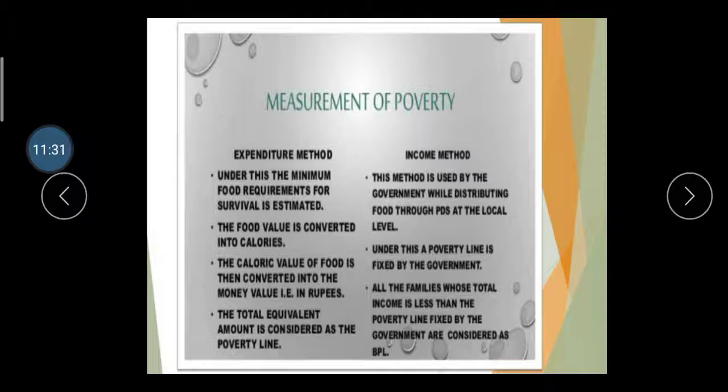This conversion considers that people living in the village require 21 rupees per day, and a person living in the city requires 51 rupees per day for their basic needs. Then the total equivalent amount is considered the poverty line, and all families whose total income is less than the poverty line fixed by the government are considered BPL, below the poverty line, and they get the facilities and help provided by the government.